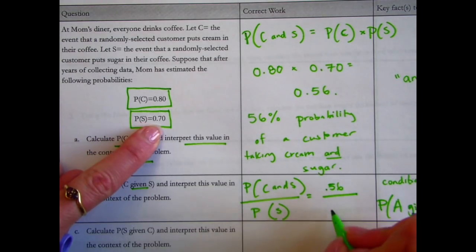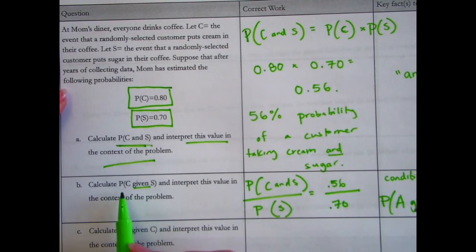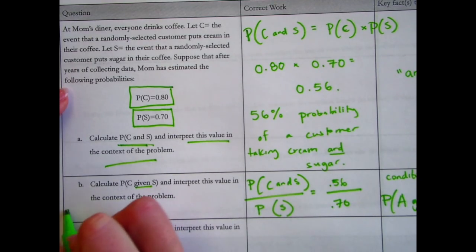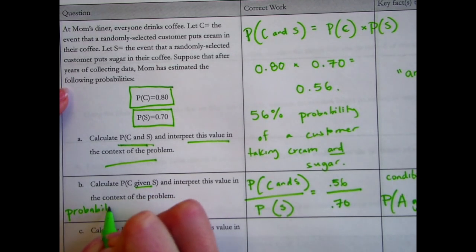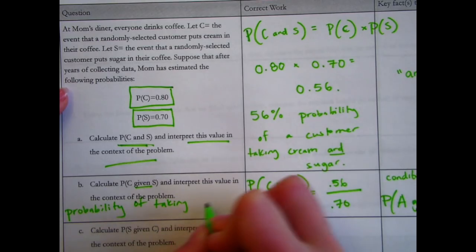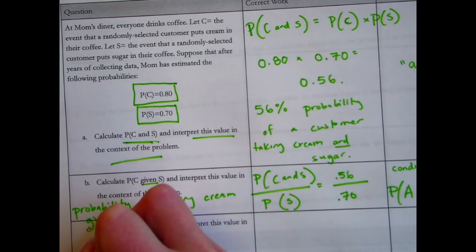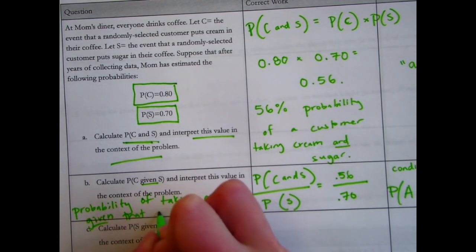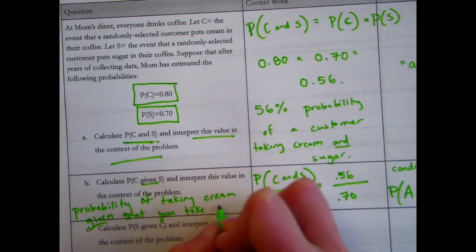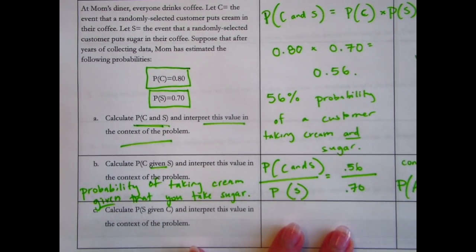To interpret in context, I would say it's the probability of taking cream in your coffee given that you take sugar as well. So I'd just be looking for that word given. Probability of taking cream given that you take sugar in your coffee as well.